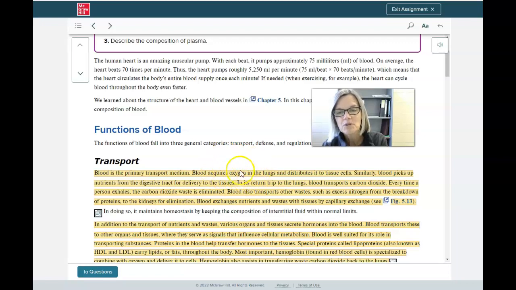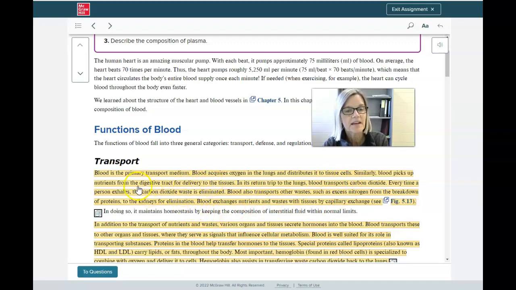It's going to transport oxygen and distribute it to all the cells. So none of our cells are very far from a capillary, because the nutrients and the oxygen in the blood need to diffuse into the cells, and the waste from the cells needs to go into the blood so it can be removed from the body.